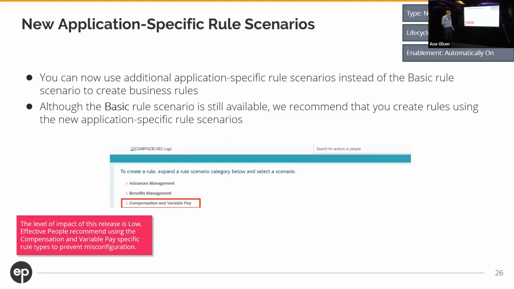But again, this is about you saying, okay, we are going to decide it's not a basic rule, but a compensation and variable pay rule. What it does in the back end is validate what kind of functionality from the business rule you can actually be using. Remember, there's still the demand for you to decide whether it's an eligibility rule, where it's compensation eligibility and or variable pay eligibility rule.